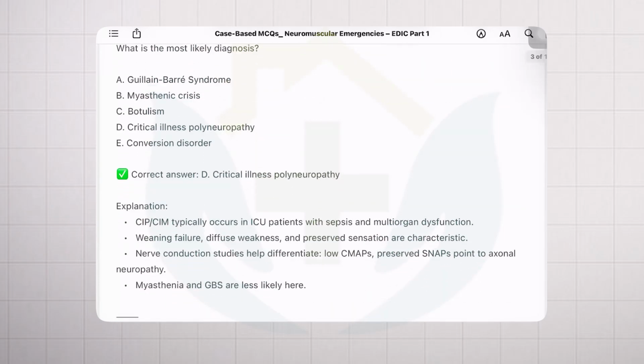Now this typically occurs in ICU patients with history of septicemia and multi-organ involvement, weaning failure, diffuse weakness, and the preservation of sensation are characteristic. Nerve conduction studies help in differentiating this condition from others. Why? Because in critical illness neuropathy, there are low CMAPs and preserved SNAPs, which point to axonal neuropathy presenting as proximal myopathy.